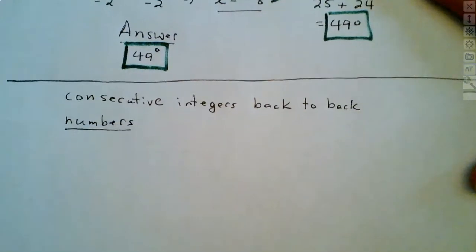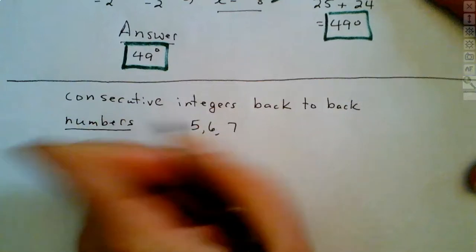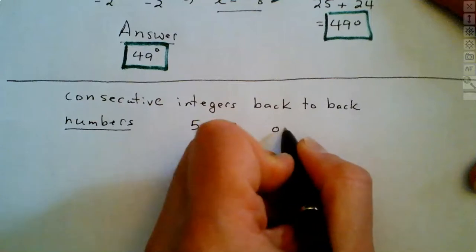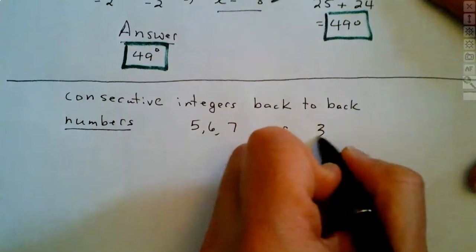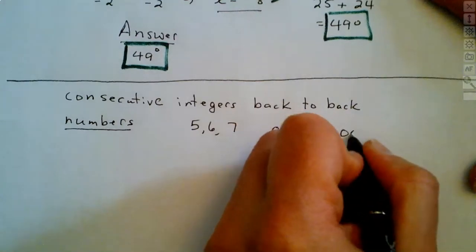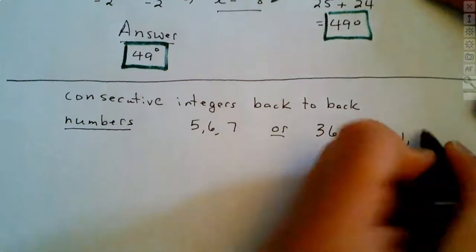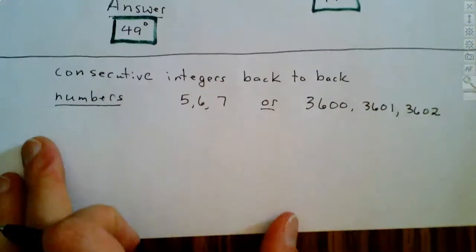So consecutive integers would look like 5, 6, 7, 8, 9, and so on, or they could be things like addresses. So 3600, 3601, and so on. So 3602. Those are consecutive integers, gap of 1.